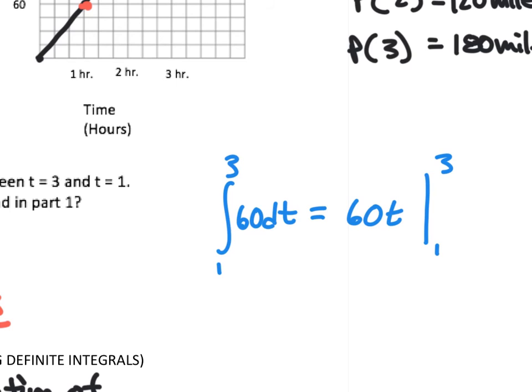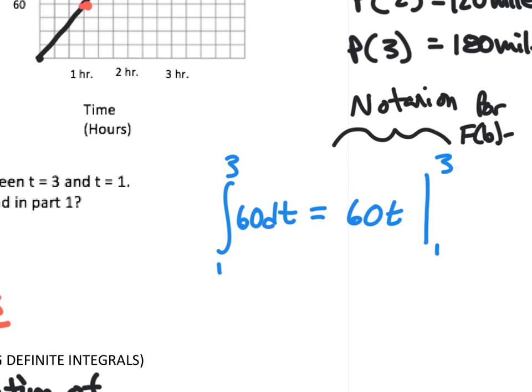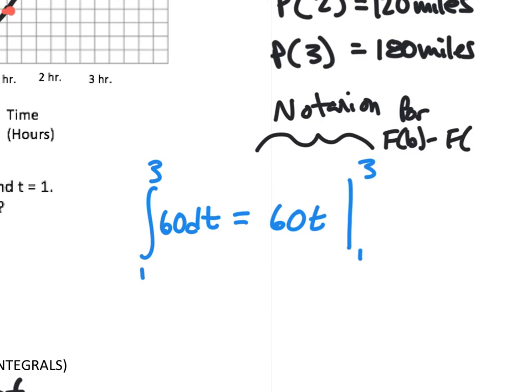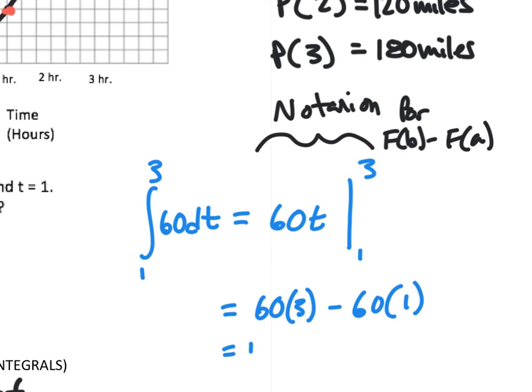This part right here is just notation, the way we write F of b minus F of a. So this is equal to 60 times 3 minus 60 times 1, which is 180 minus 60, which gives us a total of 120 miles.